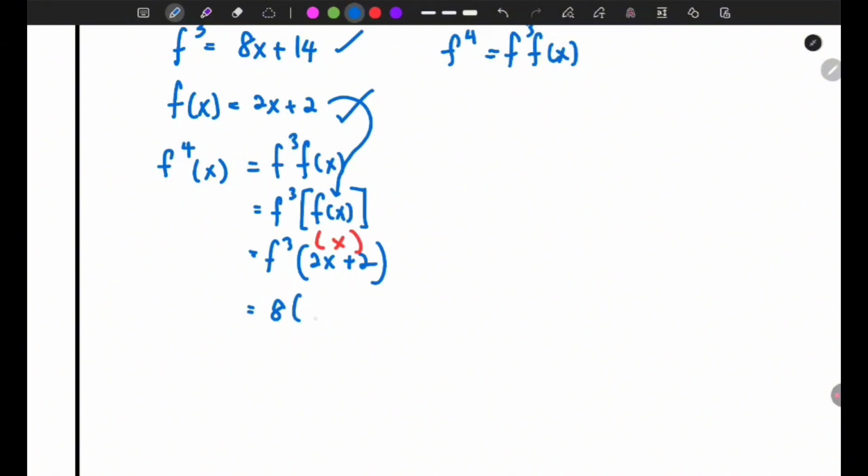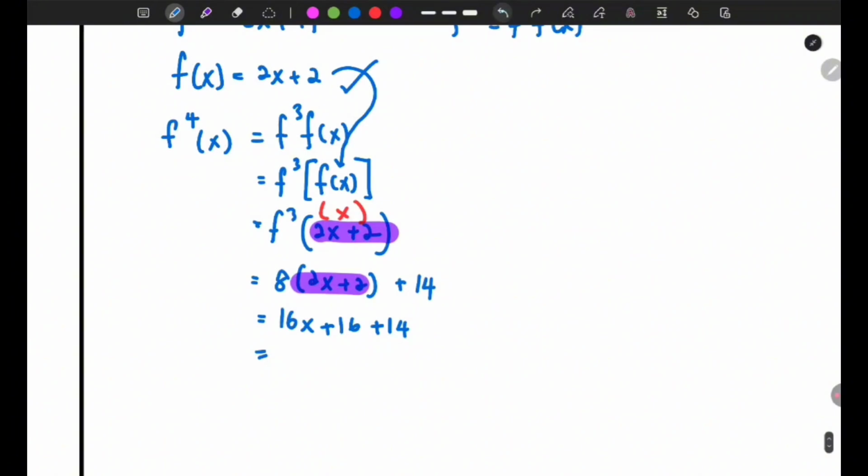So our x is no longer x, but it's 2x plus 2, and don't forget the plus 14. So now 8 times 2 is 16, 16x, 8 times 2 again 16, and plus 14. 16 plus 14 is 30? Yeah, 16x plus 30.